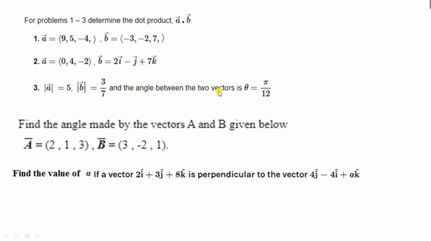So you have to find A dot B. So from 1 to 3 you have to find A dot B. And in the second question you have to find the angle between A and B. Again you have to use 2i plus j plus 3k, and for this question you have to find the value of alpha when these two vectors are perpendicular to each other, and we know when they are perpendicular A dot B is 0. So you find A dot B, then you equate it with 0.